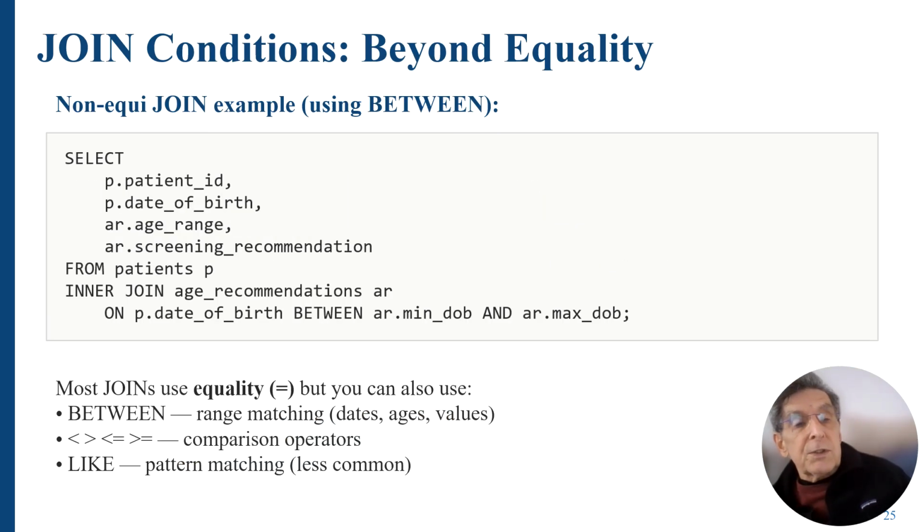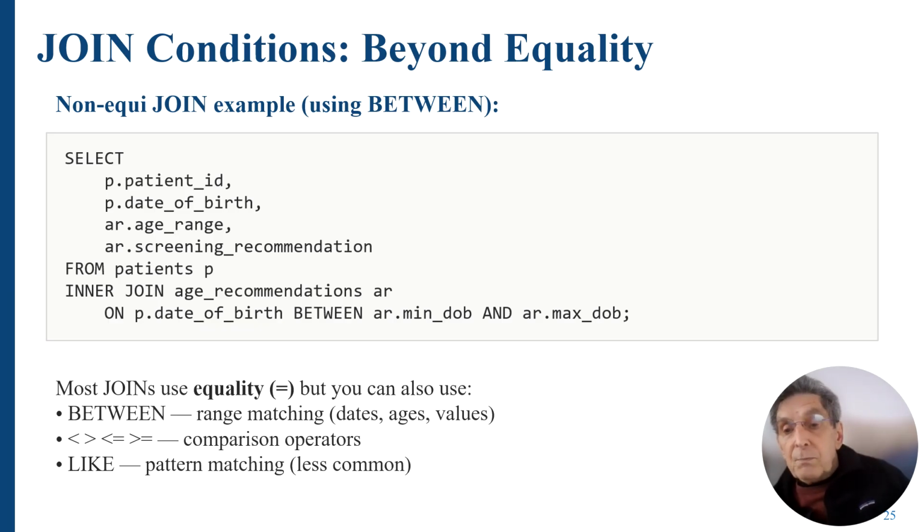Let's look at another permutation of the join conditions, going beyond equality. Most joins do use equality conditions, when one key equals another key, but sometimes SQL allows us to use more comparisons in the join clause. This query here uses between to match patients to age-based screening recommendations.